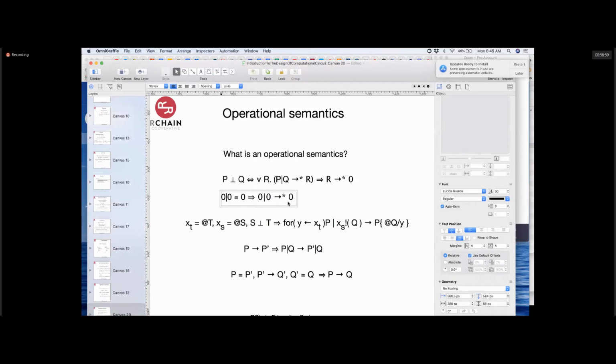And so what that means, therefore, we can conclude that zero annihilates 0.